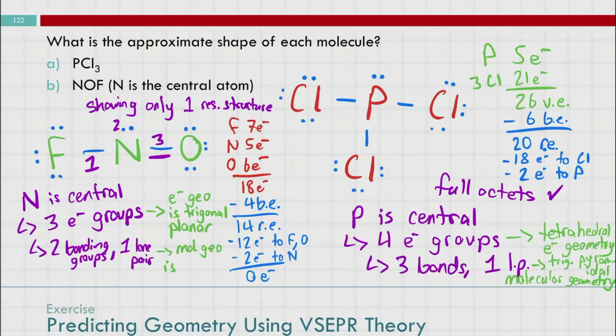Get rid of one of them, it's bent. So our answers for these would be trigonal pyramidal and bent. Questions about getting either of those?